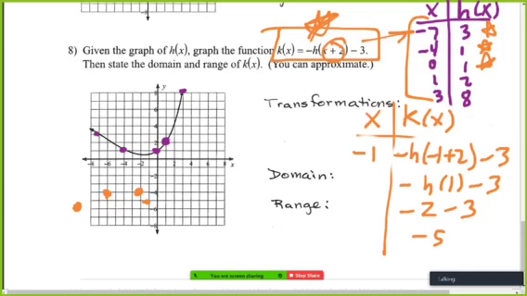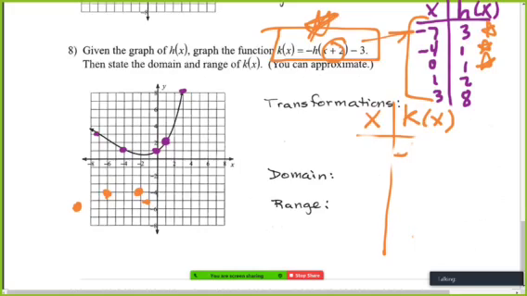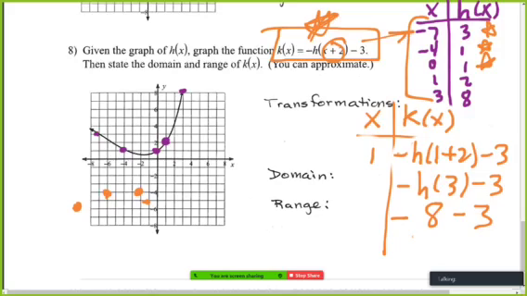And then last but not least, I've got 3 here. I've got to plug in something 2 less than 3, so 1. So I get negative h of (1 plus 2) minus 3. So negative h of 3 minus 3. H of 3 is 8, so negative 8 minus 3. That's going to be negative 11. So I got the point (1, -11) somewhere down here.